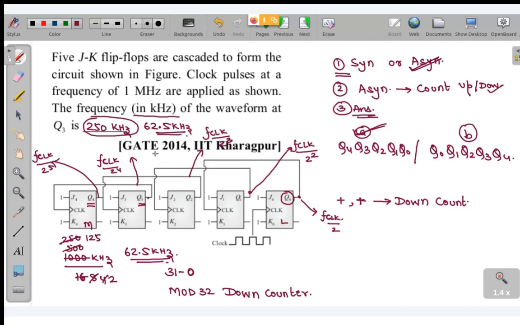So if you still cannot solve the question, tell me where I am at fault. And this is not good. Not good at all. Such an easy question, this is a 1 mark question, and you are not able to solve it.